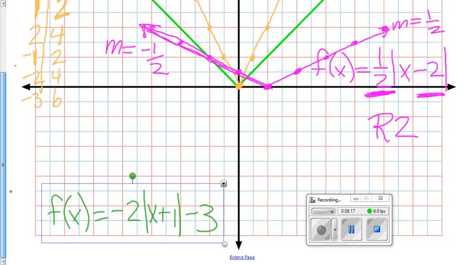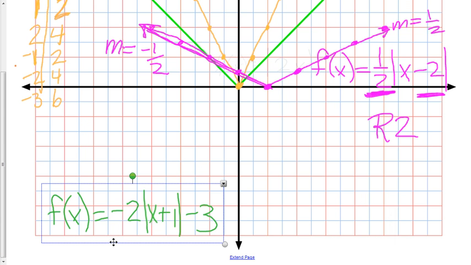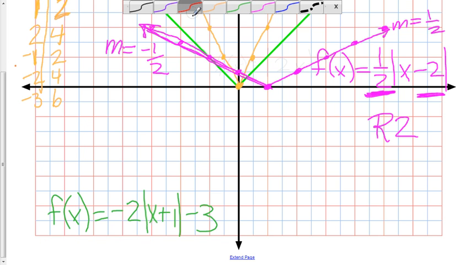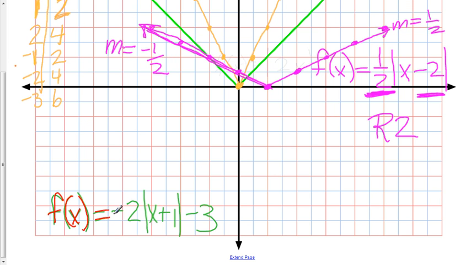Okay, one other example would be if we have f of x equals a negative 2 times the absolute value of x plus 1 minus 3. And we'll change this and use red, since we've already used green as our original absolute value function.